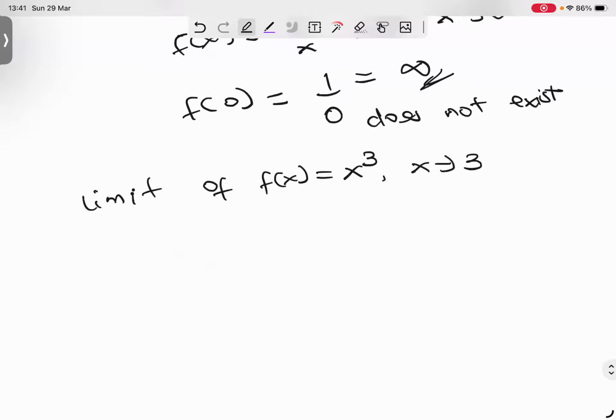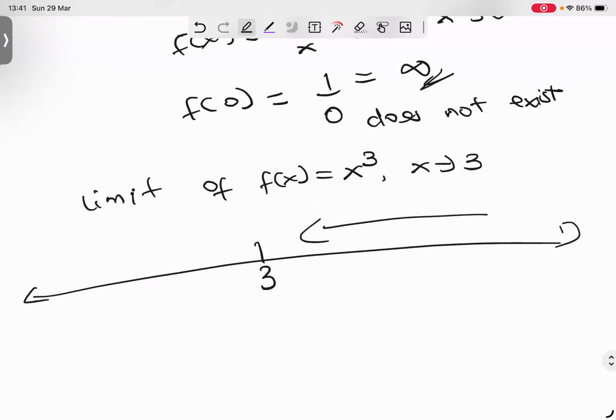As x approaches 3, we could do the long approach: draw our number line, I have 3 here, pick numbers that are closer to 3 in this direction and in this direction, put these numbers into the function, and then look at the value that the function is approaching. That becomes the limit.